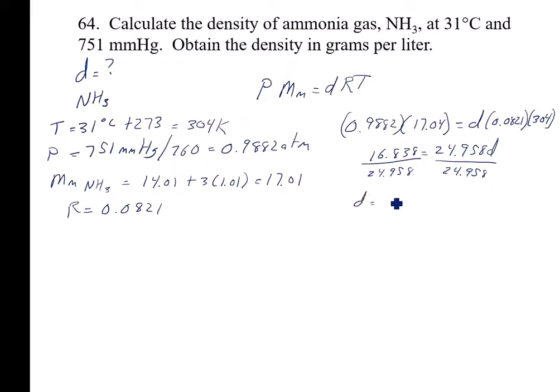So my density is 16.838 divided by 24.958, and that is 0.6746, and the units are grams per liter. Okay, so that's what you have to do to that one.